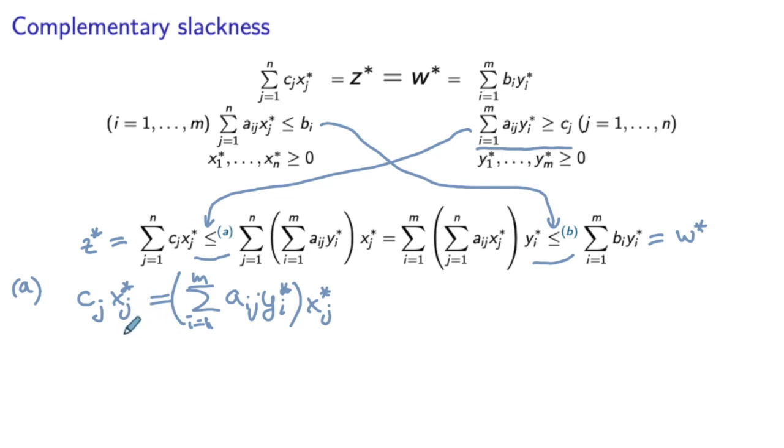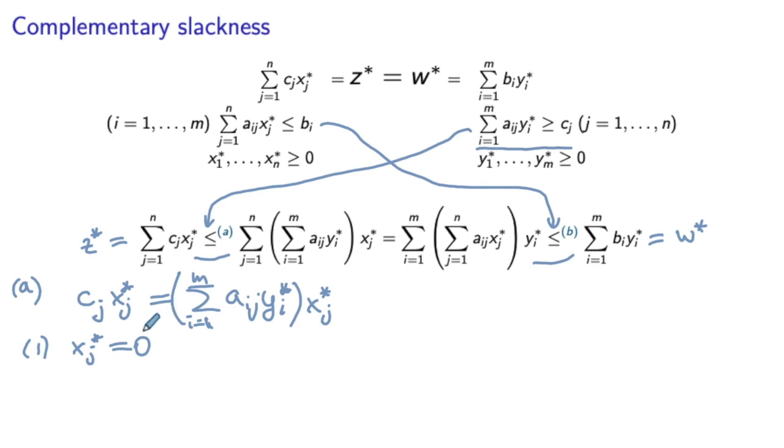For xj, there are two possibilities. xj is non-negative always, therefore, if xj is equal to 0, that's the first possibility, then of course the equality holds, since both sides will be equal to 0.